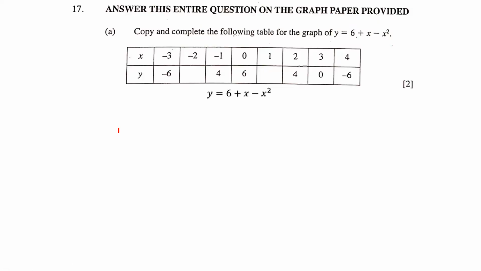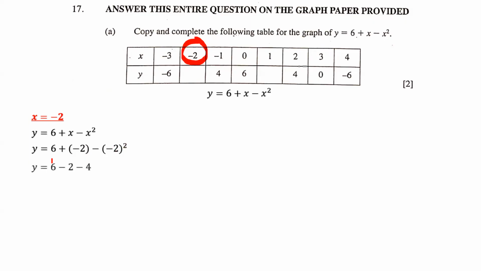And so let's continue. We have to use this function: y is equal to 6 plus x minus x squared. We know the x value is -2. In order to find the missing y value, I'm going to take -2 and substitute it into this equation and see what I get. Wherever I see x, I'm going to put -2. So 6 plus -2 minus (-2) all squared.